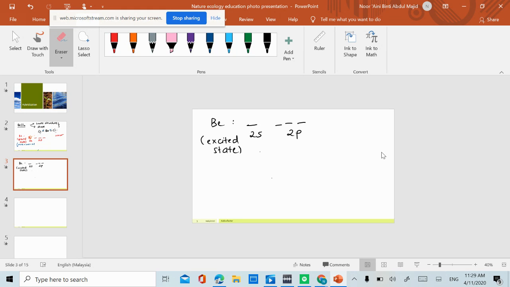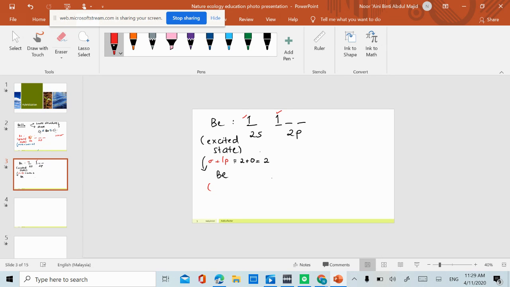How many orbitals will hybridize? Just like what I mentioned last week, it depends on the number of sigma plus lone pair. Referring to the Lewis structure, we have two sigmas and no lone pair. That means it is still 2. We count from the first orbital, that is s, 1, 2.